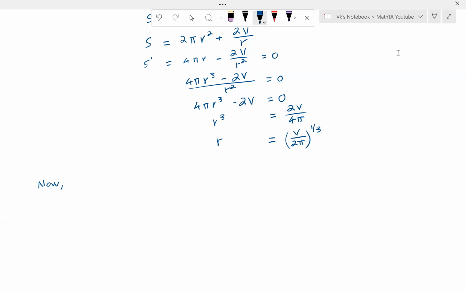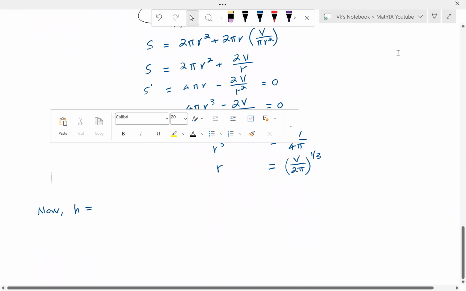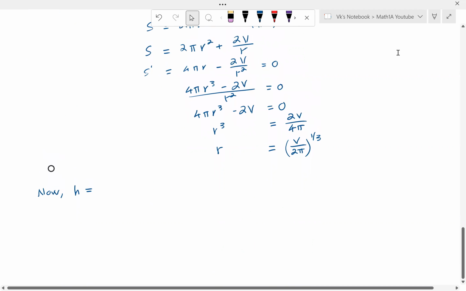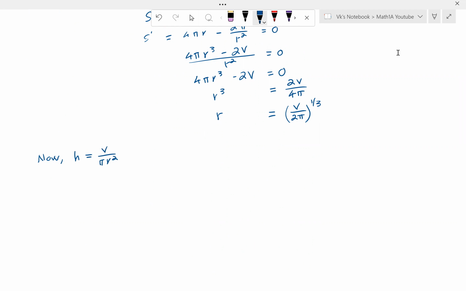Now, h is v over pi r squared. Do the substitution here. V over pi, v over 2 pi to the power 1 over 3, and then we square this.